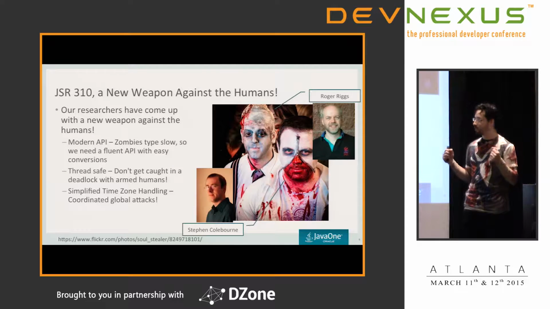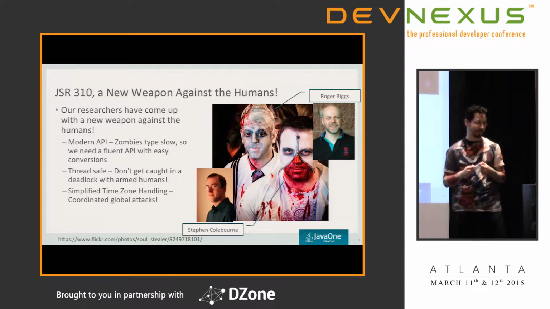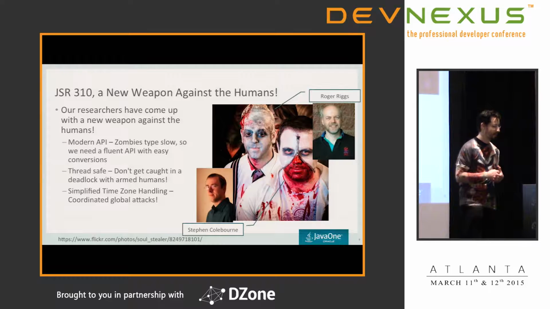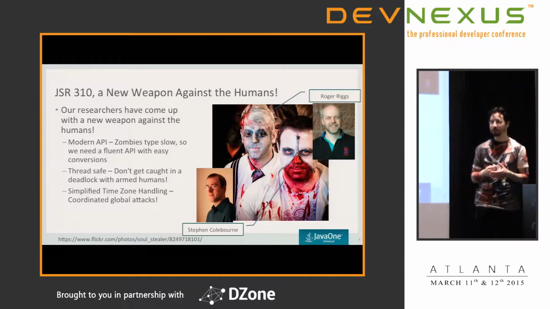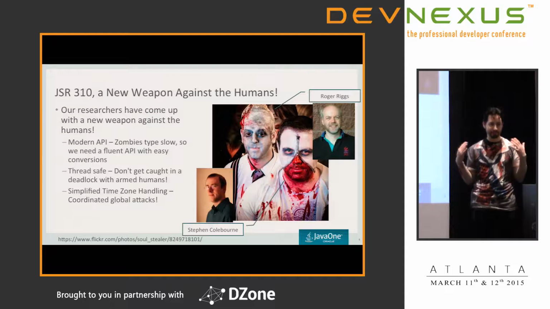And what JSR 310 is going to do for us is, we move really slow, like zombies, not the fastest creatures on the earth, so we need a fluent API so we can actually be productive. Reading long dates and working with cumbersome APIs is not going to happen. And we don't want to get caught in the middle of our big attack and then have deadlocks in our code.